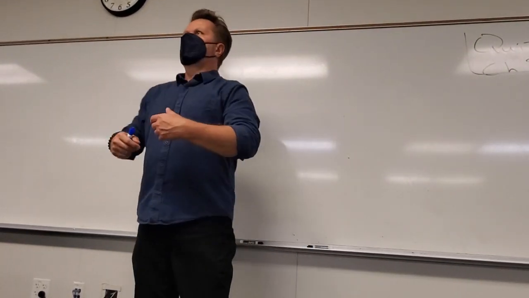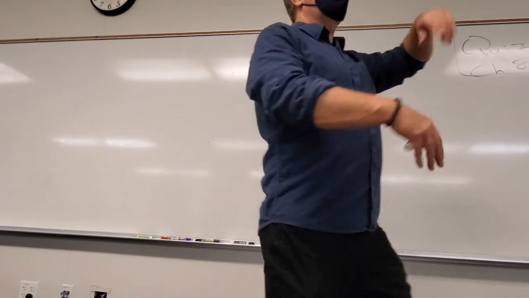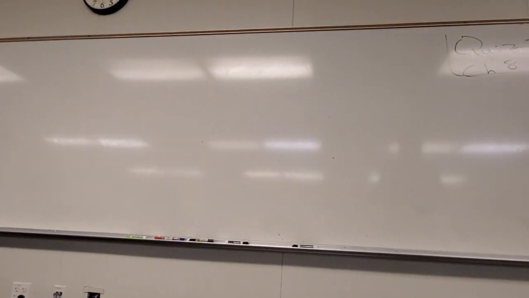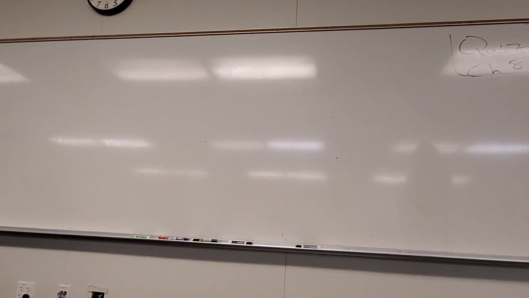So on a quiz or a test, for example, this next quiz is going to be easy because it's all confidence intervals. But on the final, if I say create the 90-something% confidence interval, you know it's going to be one of these three formulas.